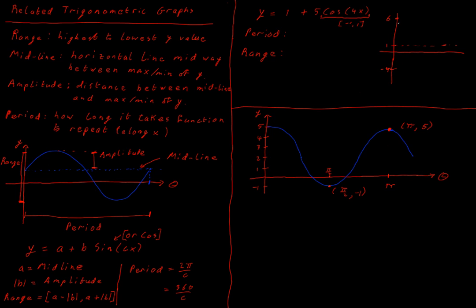So roughly speaking, my cosine function is going to look something like that. Not my best cosine function that I have ever drawn, but it gives me a rough notion of what I'm dealing with. So this is going to be the end of my period, coming down here.